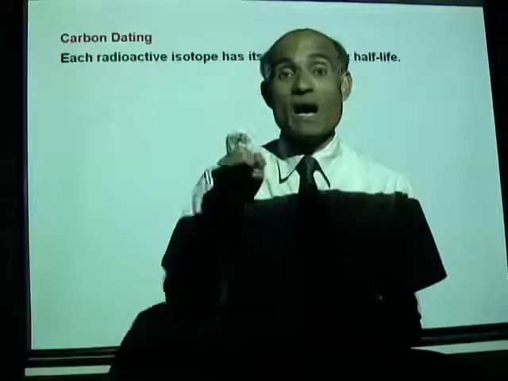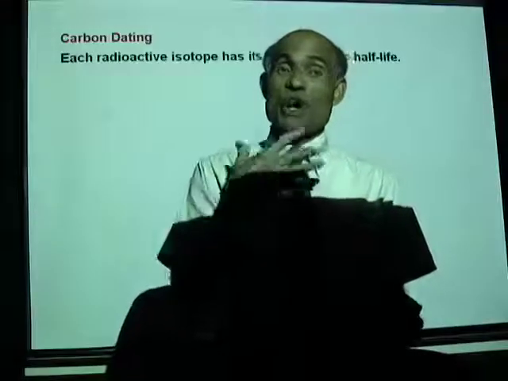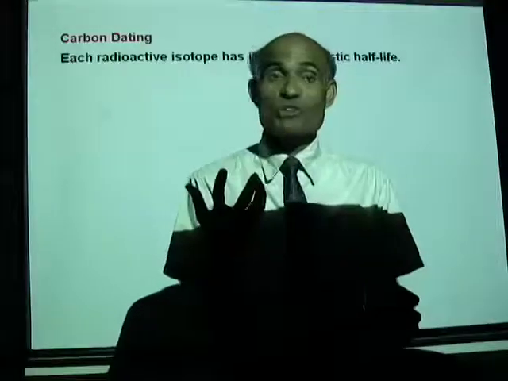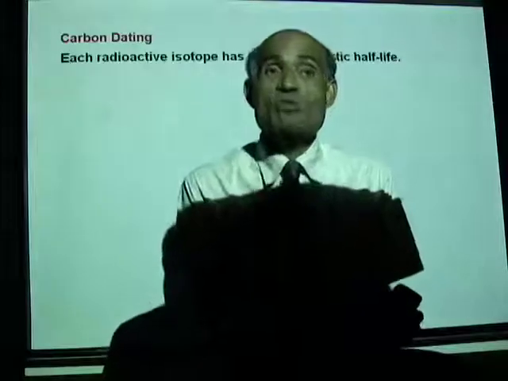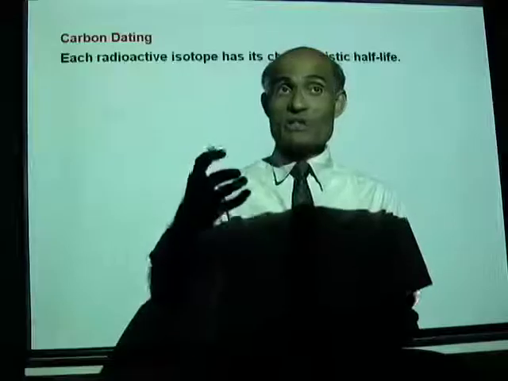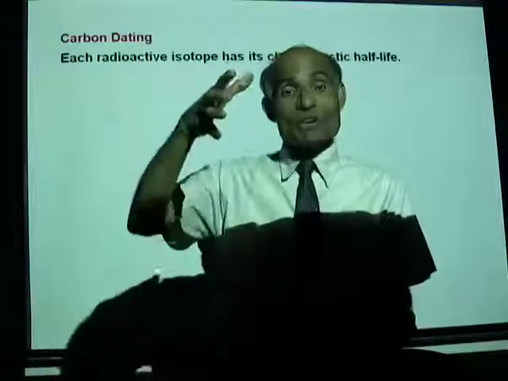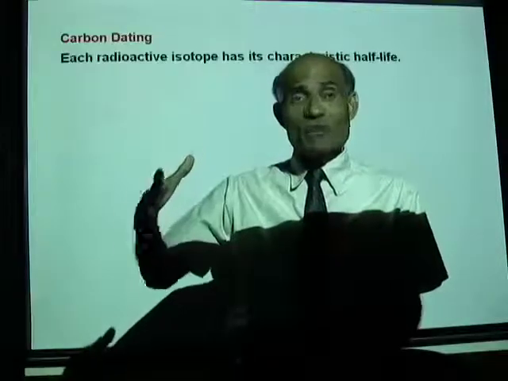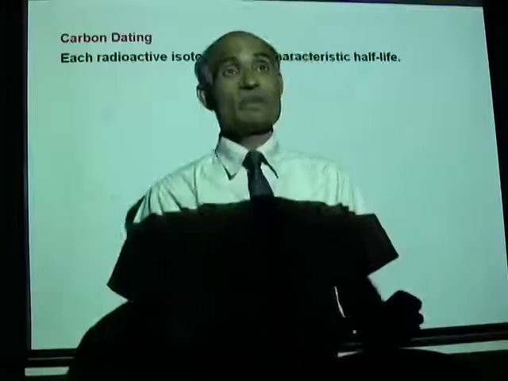But when you die, the amount of carbon 12, which is not radioactive, in your body will remain the same. But carbon 14, since it is radioactive, will disintegrate steadily, becoming nitrogen.